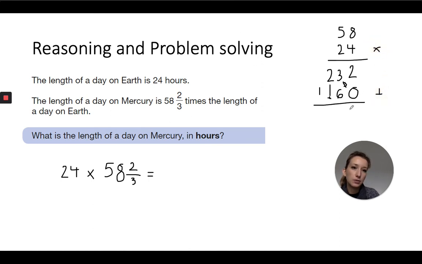So we've got 2, 9, most tidiest, but you get the idea. 1.